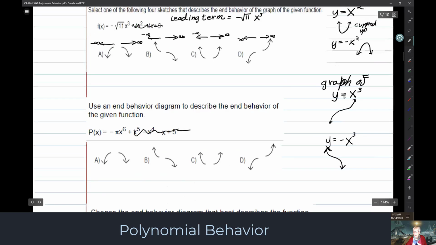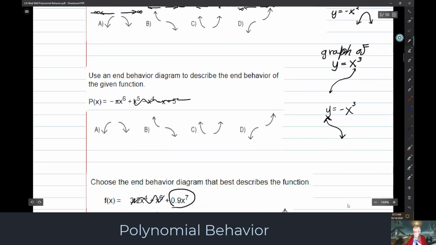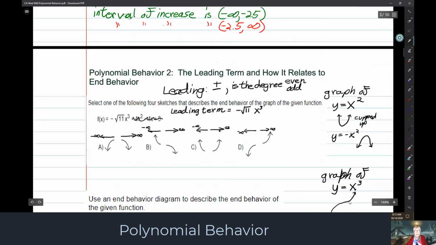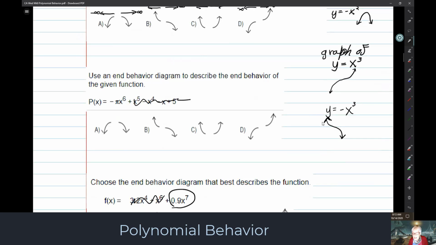And what does that have to do with this over here that I attempted to draw? You'll see. Because way out at the ends, this leading term is going to cause the graph to look like this.